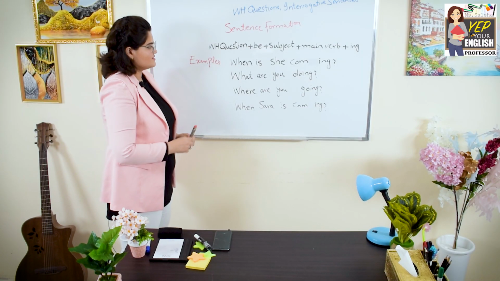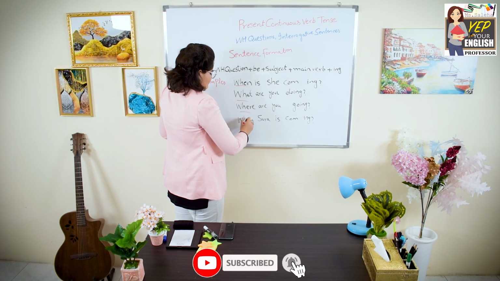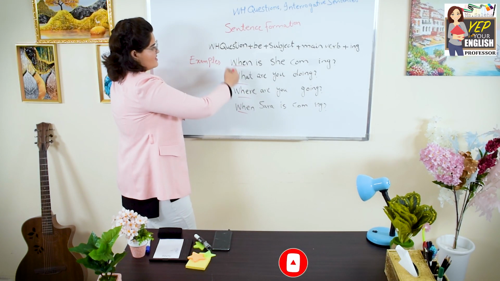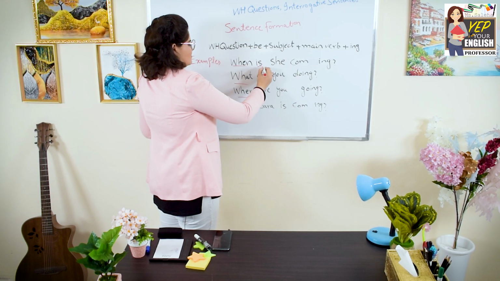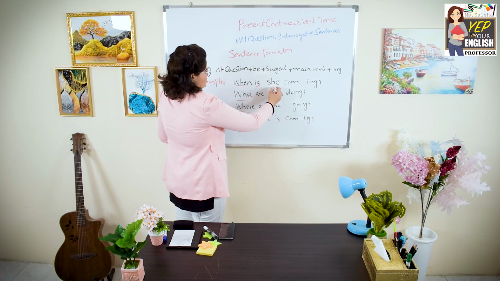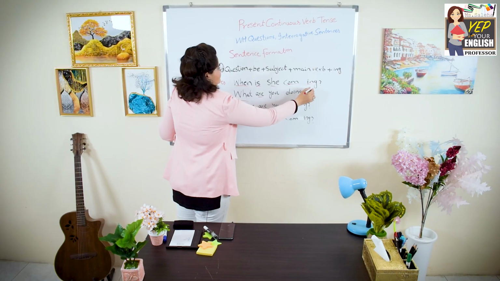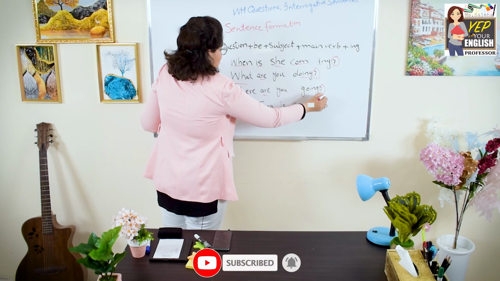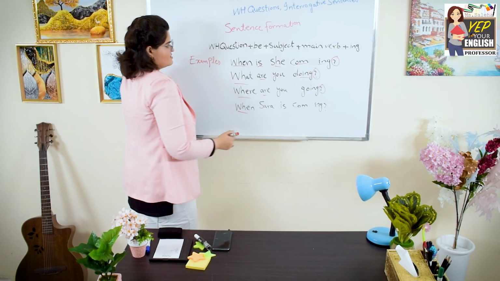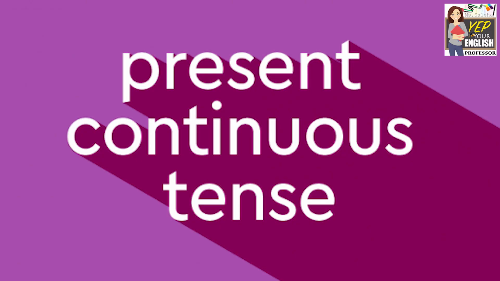In these sentences, you can see we add when, what, where, and again when as WH question words, and then we added the be form, subject, come, which is the main verb, and then ing, and a question mark in every sentence, because these are some kind of direct questions in present continuous tense.